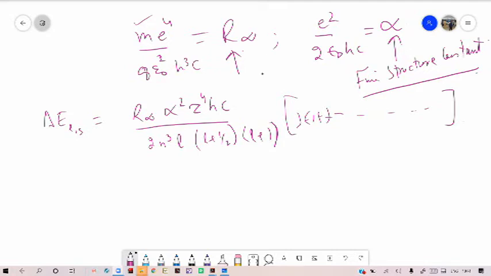So what I am saying is that this equation represents the energy of an orbiting electron, which is under the influence of the perturbation field, that is the magnetic field because of the nucleus. But the equation is in the normal frame of reference.